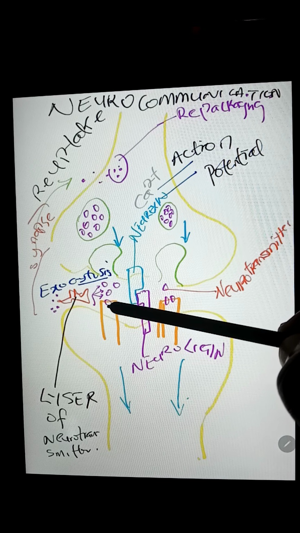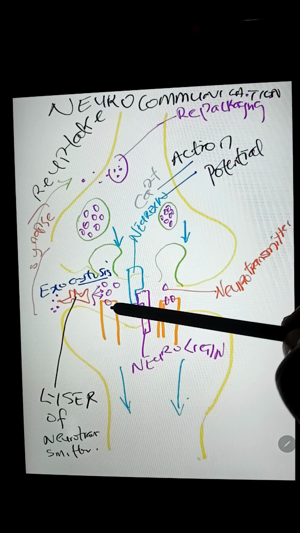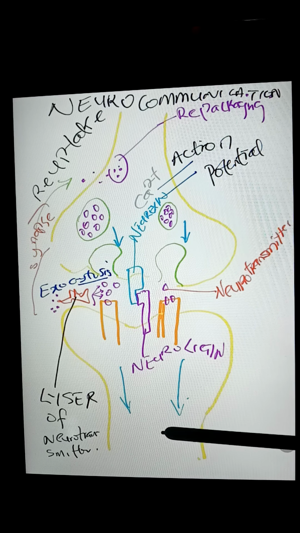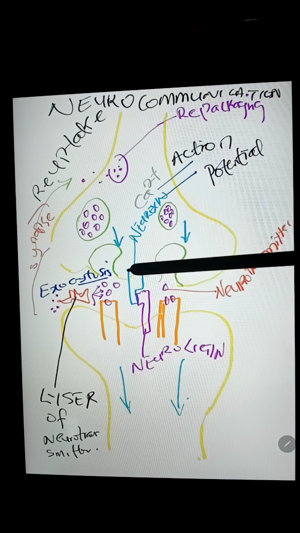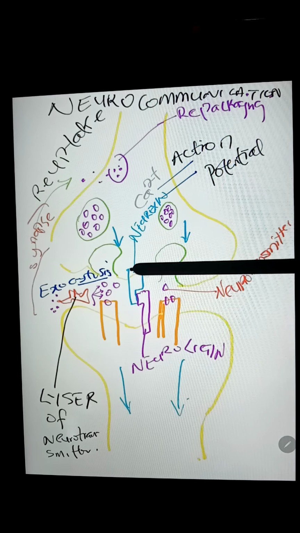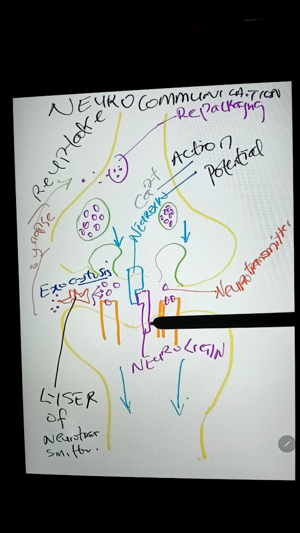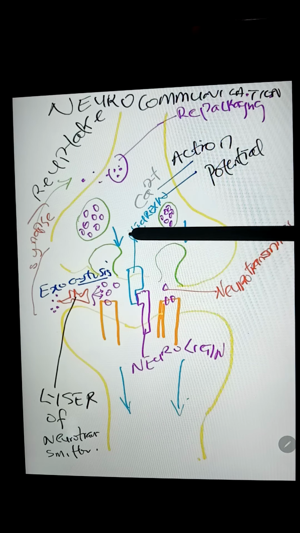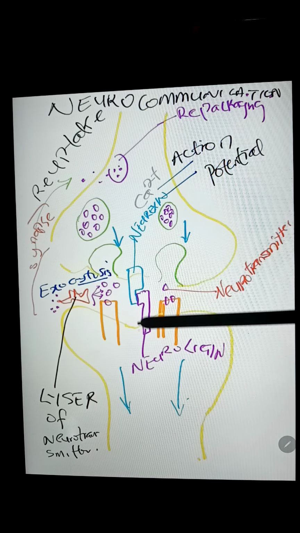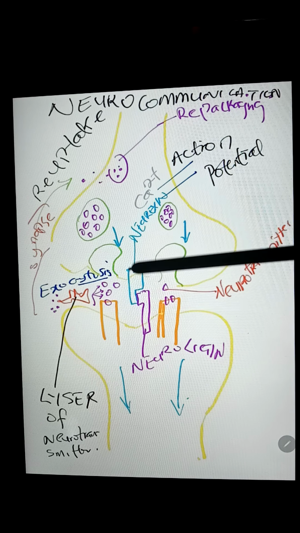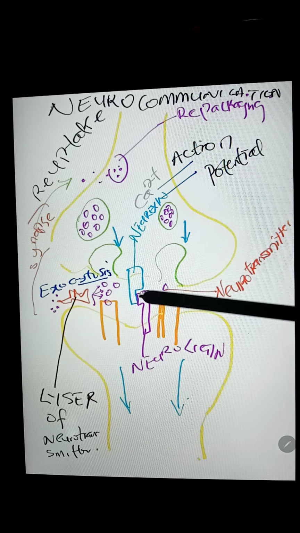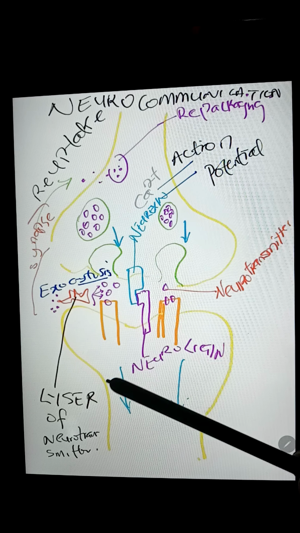The neurotransmitters bind to the receptor on the postsynaptic membrane, and action potential is elicited, and there is communication between some molecules or receptors between the presynaptic membrane and the postsynaptic membrane of the neurons. These molecules are called neurexin and neuroligin, and defects in the genes coding for these proteins are implicated in developmental disorders in children.